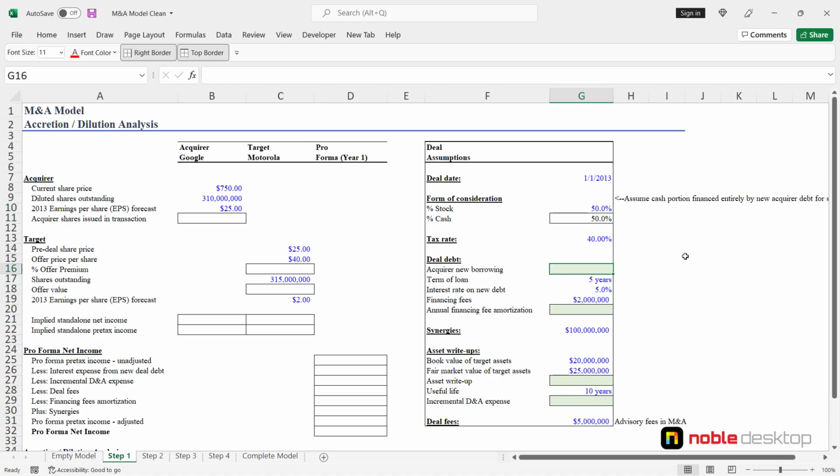Next is acquirer new borrowing. Here we assume that any amount of cash invested in this M&A deal is coming from the borrowing. So I'm going to make a calculation of percentage of cash invested in the deal and offer value in the cell C18.